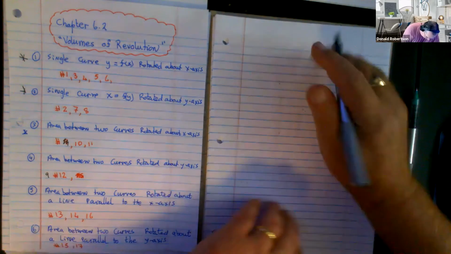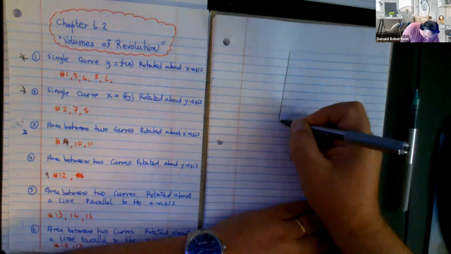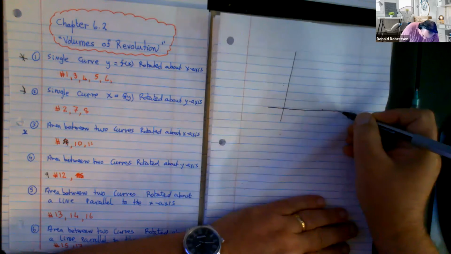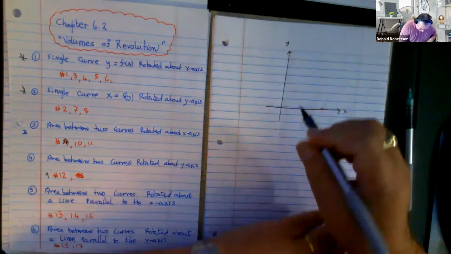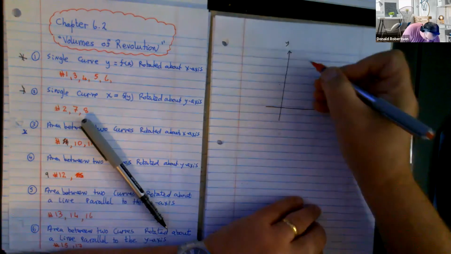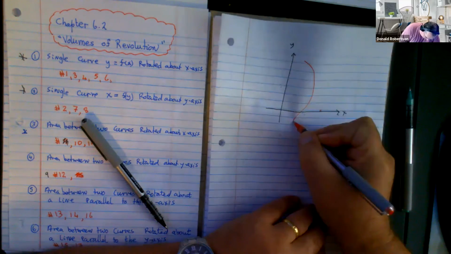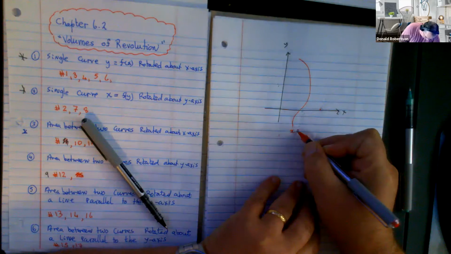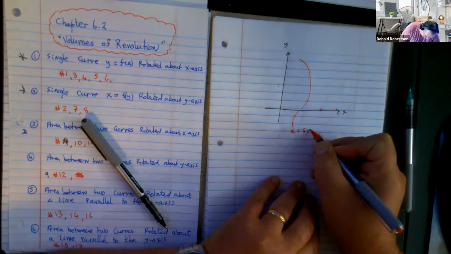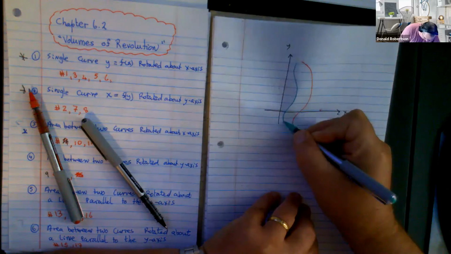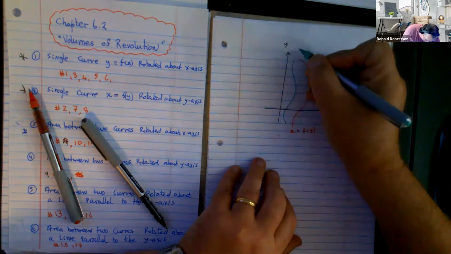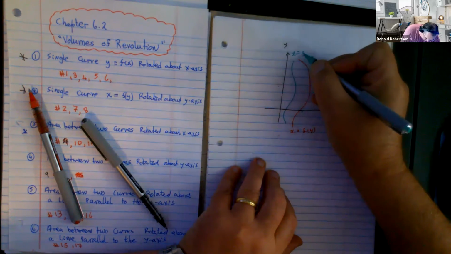Let's do the area between two curves rotated about the y-axis. So here's our guy. I love this guy called x equals f of y. I have another one, the green one, I'm going to call him x equals g of y.